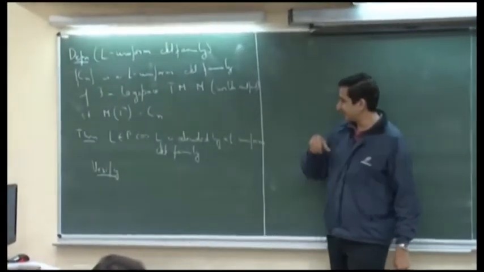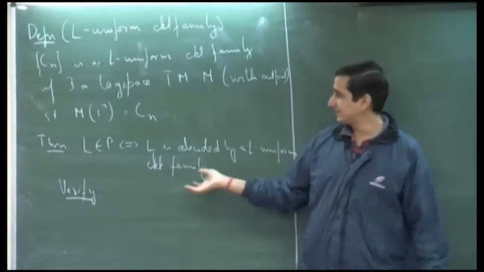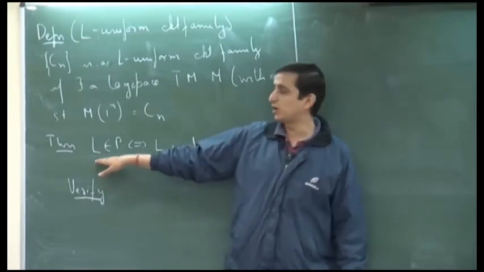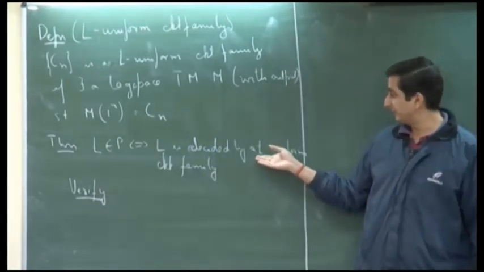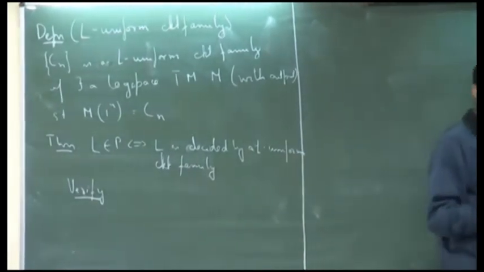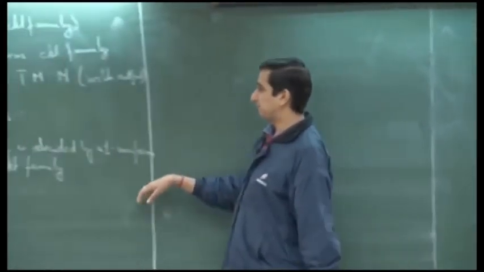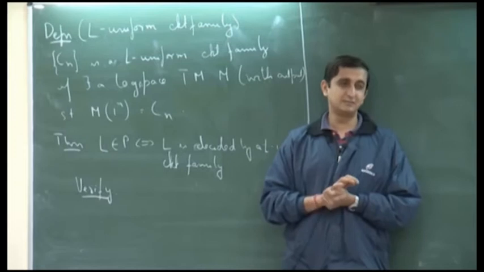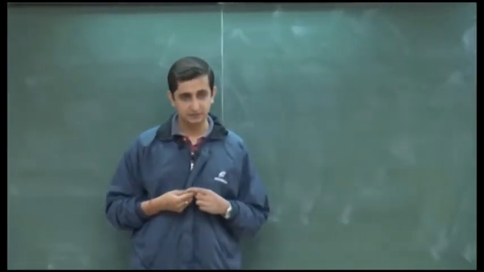Basically what this means is that if I impose a certain kind of uniformity constraint on a circuit family, all I am saying is that the class of languages that can be decided by those families of circuits is not more than P. And what I am saying here is even if you look at a stricter notion of uniformity, that is log space uniformity, which is even stricter than polynomial time uniformity, even then the class accepted is exactly the set of languages in P. So, I do not know what you mean by connection with Karp and log space reduction.